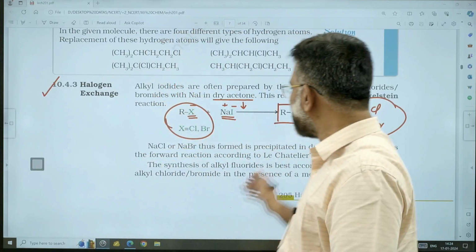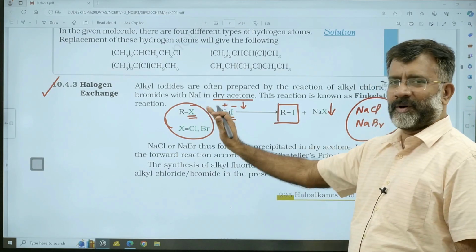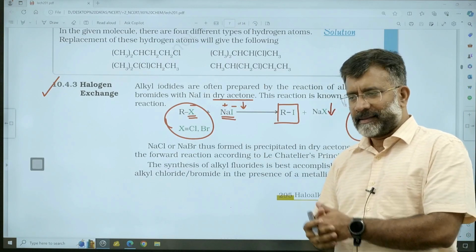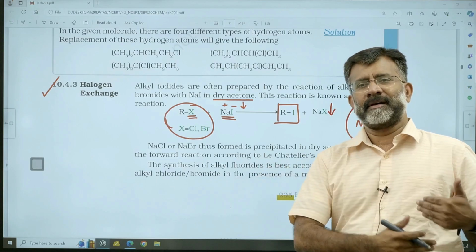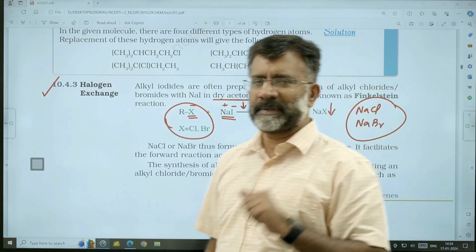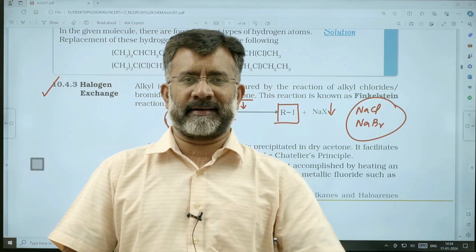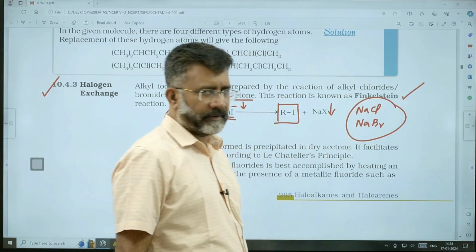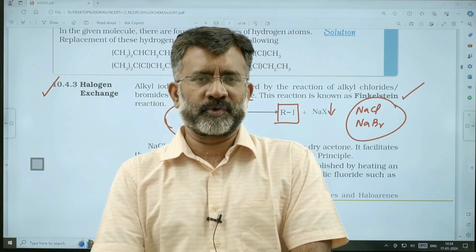When chloride and bromide are able to come out as NaCl or NaBr, they are ready to leave the place, and that place is occupied by I minus, and you get RI. The very famous reaction, the Finkelstein reaction.